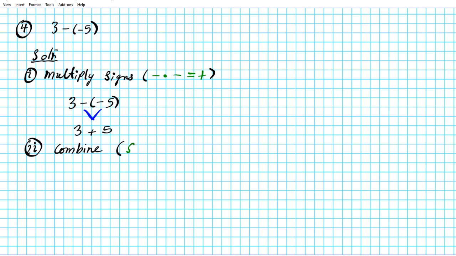So what do you do when you have the same sign? When combining numbers, if you have the same sign, you add and keep the sign. Alright, let's do it. 3 plus 5 is 8. Since they're both positive, your final answer will be positive 8.